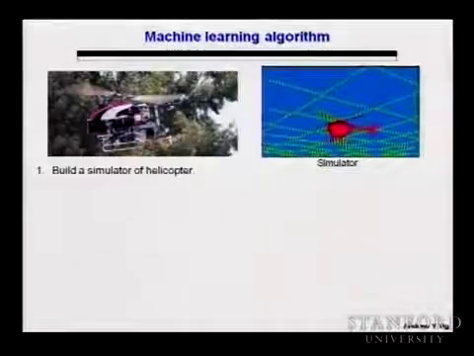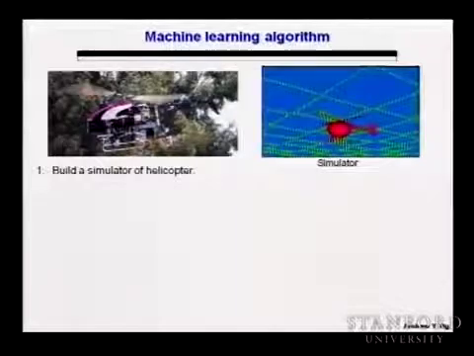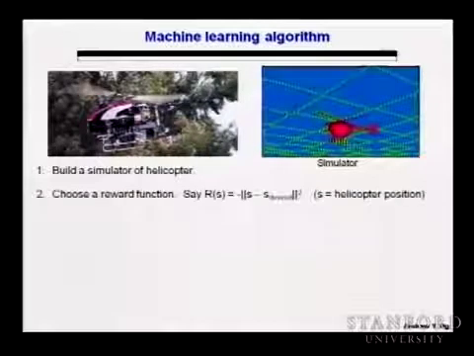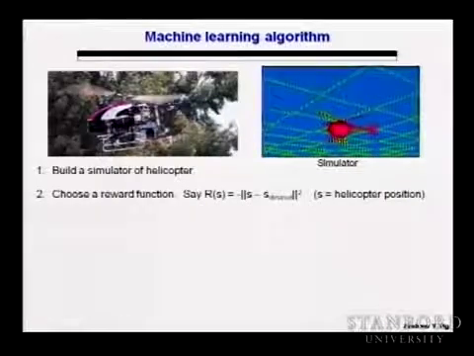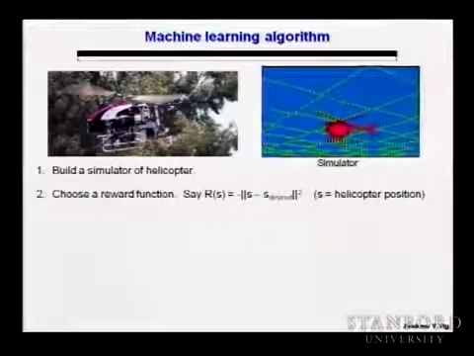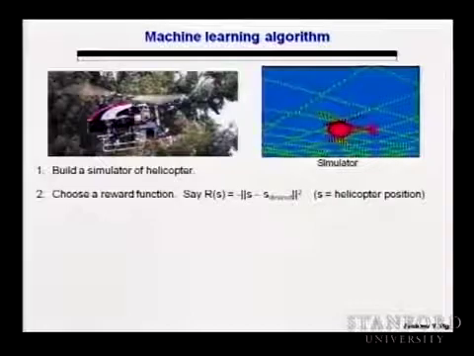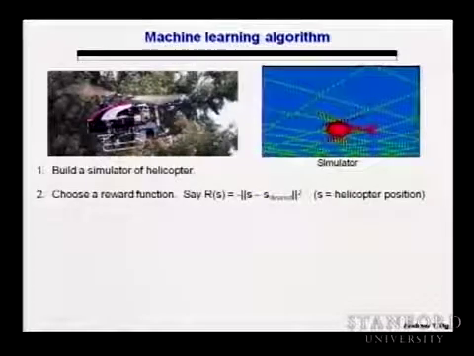Now you have a simulator, and I'm showing a screenshot of the simulator we have at Stanford on the upper right there. The second thing you might do is choose a reward function. You might choose this sort of quadratic cost function, so the reward for being at the state S is going to be minus the norm of the difference between the current state and some desired state.